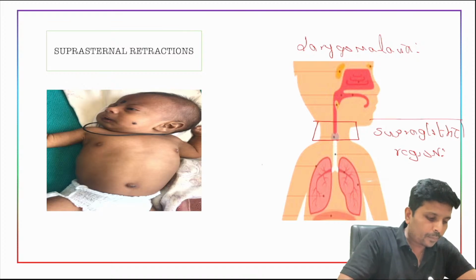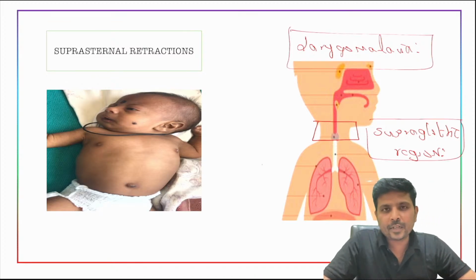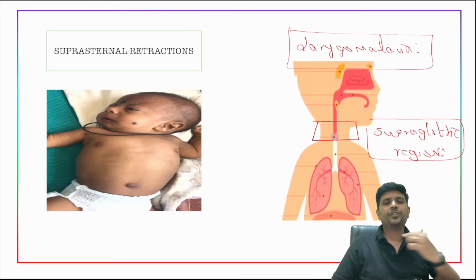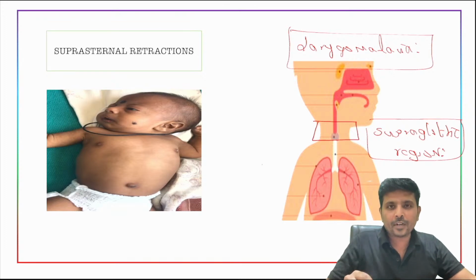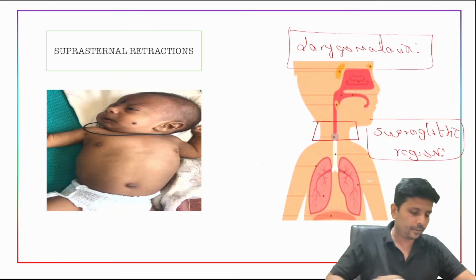The most common cause is laryngomalacia. I repeat, suprasternal retractions, you can see retractions here. The site of pathology is in the supraglottic region, and the most common example is laryngomalacia. That is the most common cause of neonatal stridor.